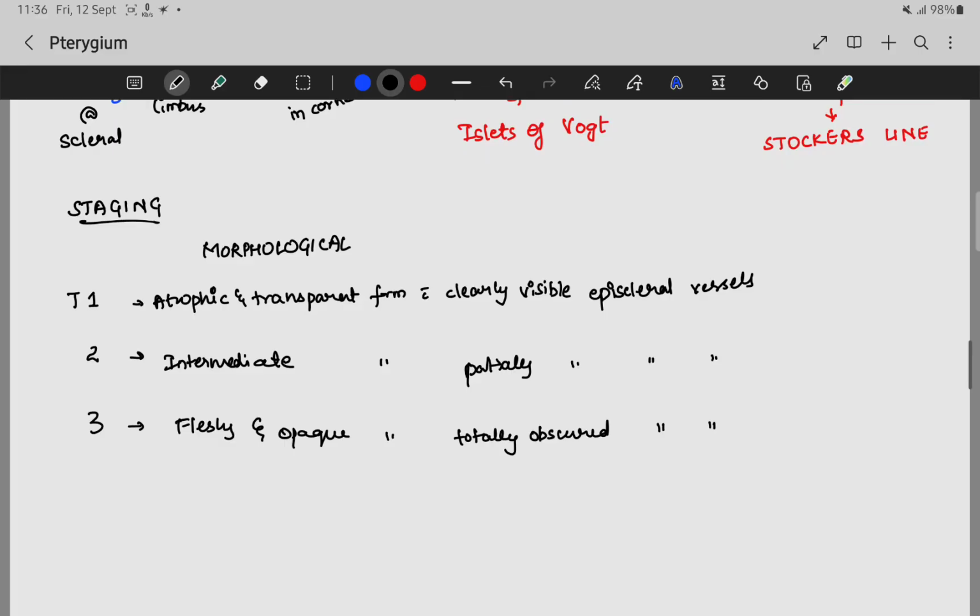Now based on the extent, if the pterygium is crossing the limbus, it's stage 1.